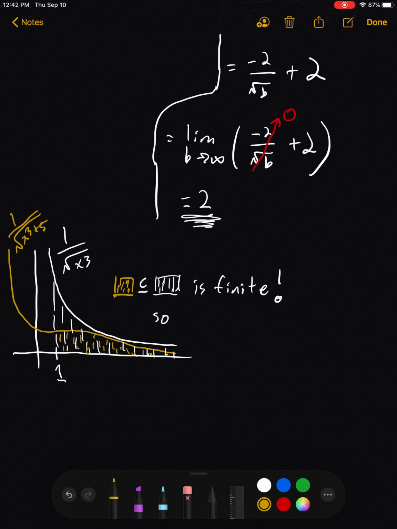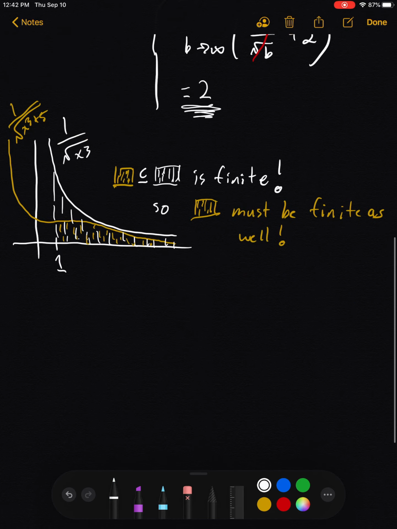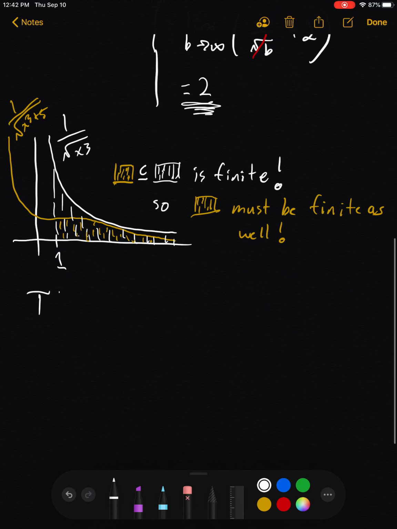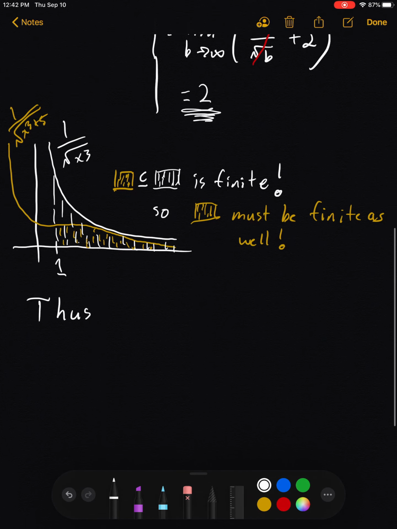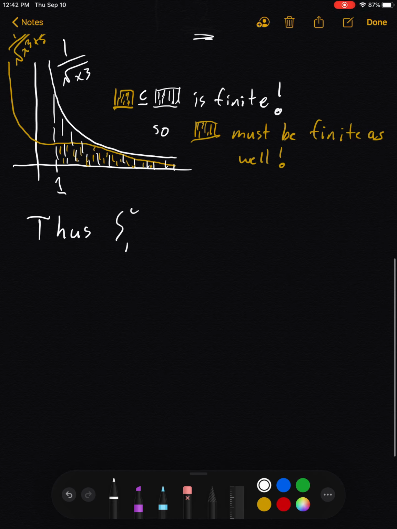the yellow shaded area must be finite as well. Thus, we can conclude that the original problem, the integral from 1 to infinity of 1 over the square root of x cubed plus 5 dx, converges.